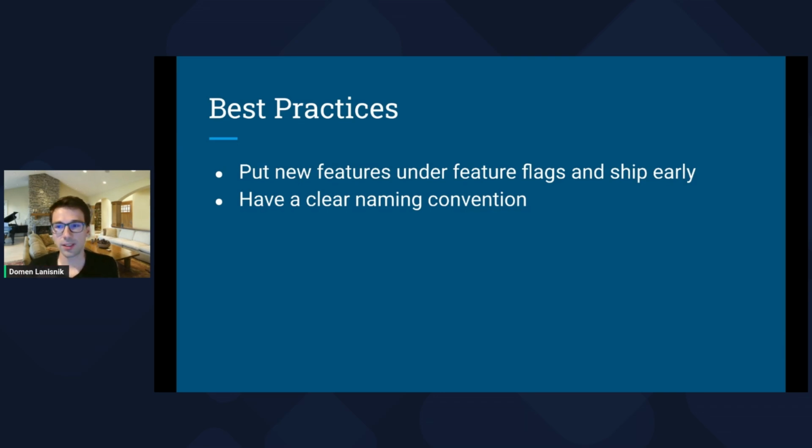It's also a good idea to have a clear naming convention, so that it's clear from the name of the feature flag who owns it and what it represents. Because while you may have comments on your remote config, you probably don't have it in code for every feature flag, so the naming becomes really important to quickly figure out what the feature flag is guarding.